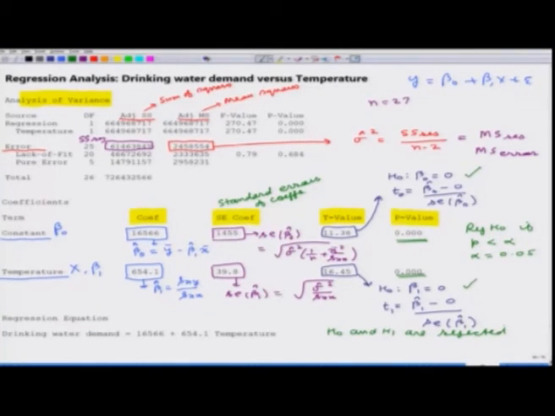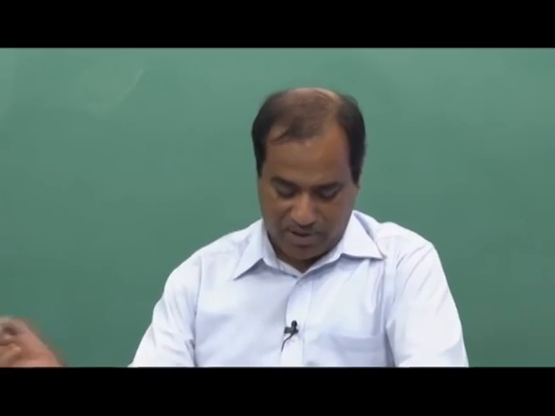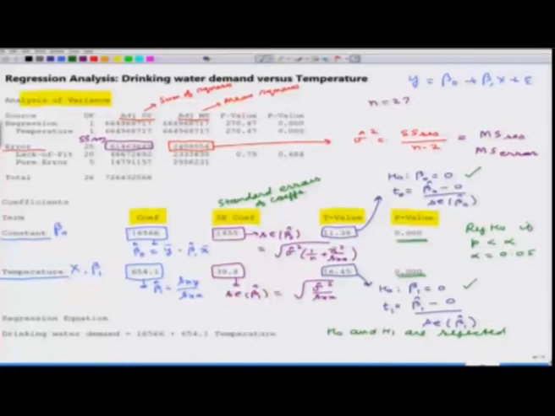Right. So, based on this, I can conclude that x is an important variable, and that is helping us in explaining the variation in y. Now, at the end you will see that we have here a regression equation, and this regression equation has been obtained based on the coefficients which are obtained earlier.